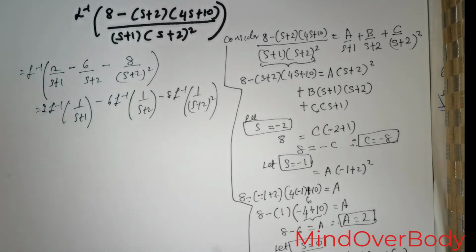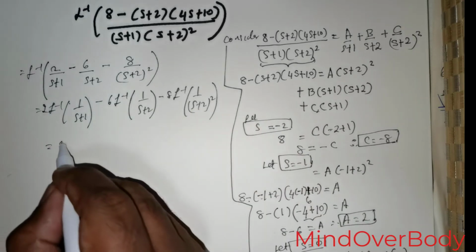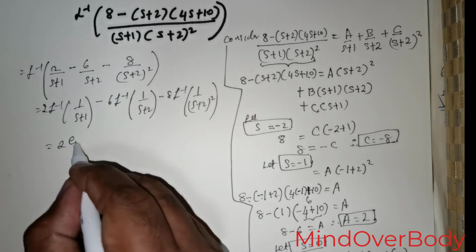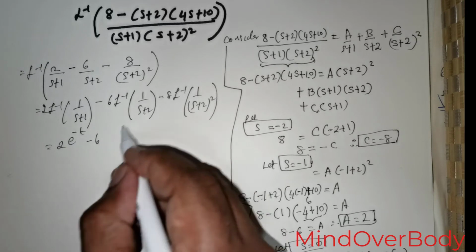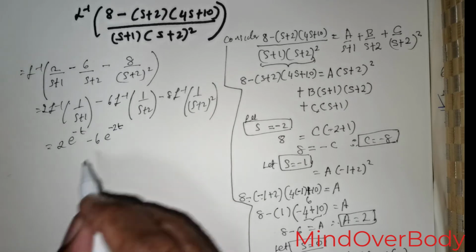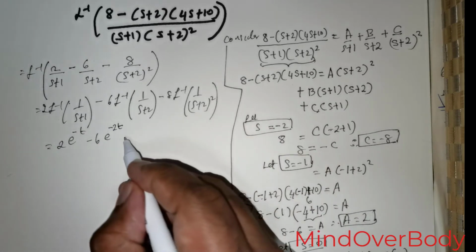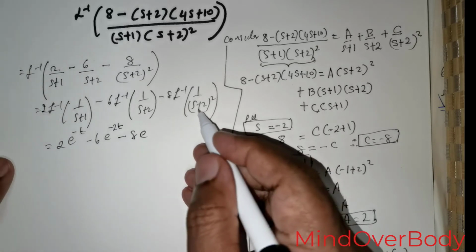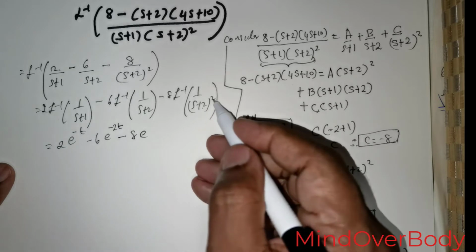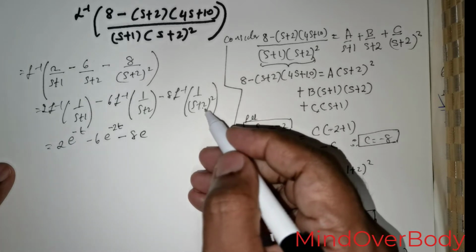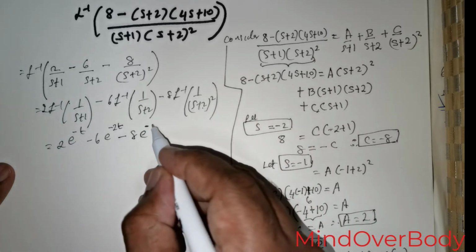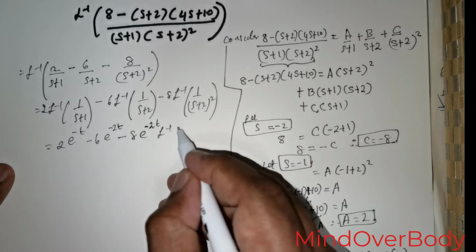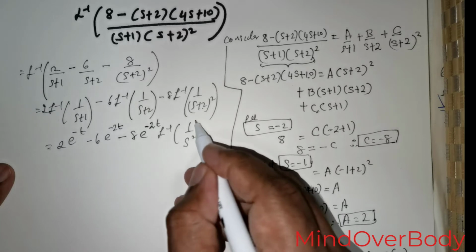So this is what we have got. Now L inverse of 1 over (S plus 1) is going to be e raised to the power of negative t, negative 6 times this is going to be e raised to the power of negative 2t, and this is going to be negative 8 times e raised to the power of negative 2t. There is a shift of S plus 2 and you have a degree 2 there, so you have to obtain the L inverse of 1 over S squared.